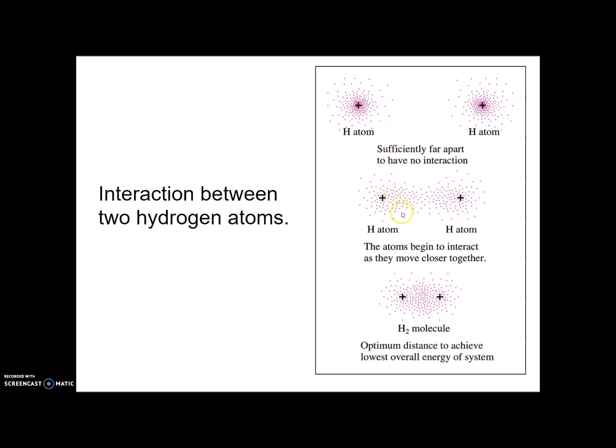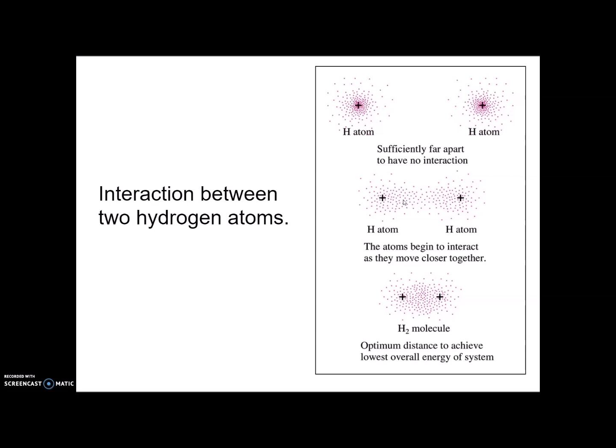But as we bring the two hydrogen atoms closer and closer together, so now we're bringing the hydrogen atom on the left towards the hydrogen atom on the right, the electron of one atom can feel the presence of the other atom. Now, think about what it's feeling at that point. When we say feeling, we're talking about electrical attraction and repulsion.